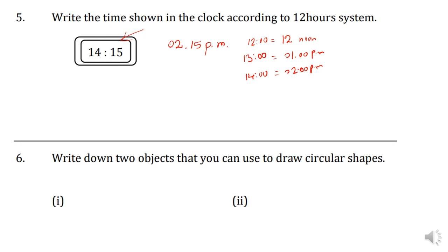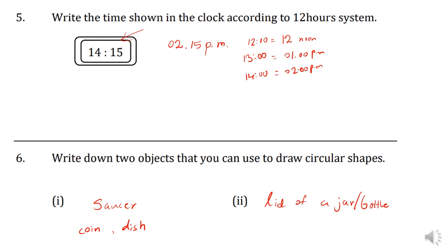You can use a variety of objects like a saucer, a lid of a jar or a bottle, a coin, and a dish, and there are a lot of things you can use to draw circular shapes.